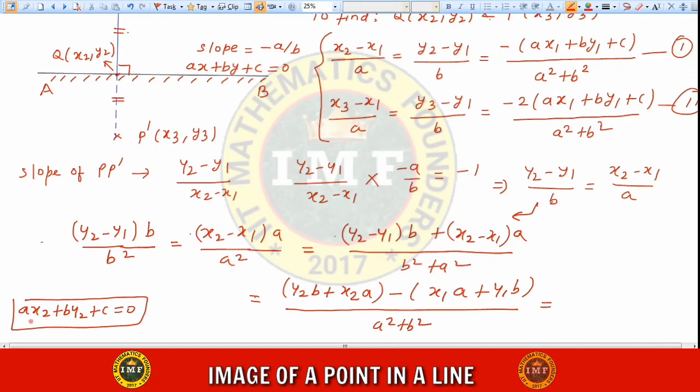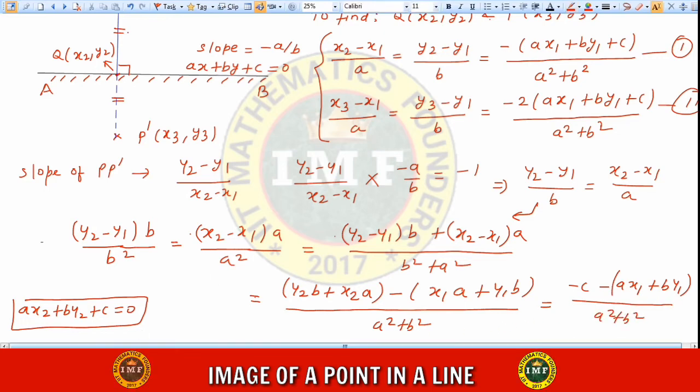Now here ax2 + by2, its value can be −c. So the first term ax2 + by2 can be written as −c, and the other term I am writing as it is, ax1 + by1, divided by a² + b².